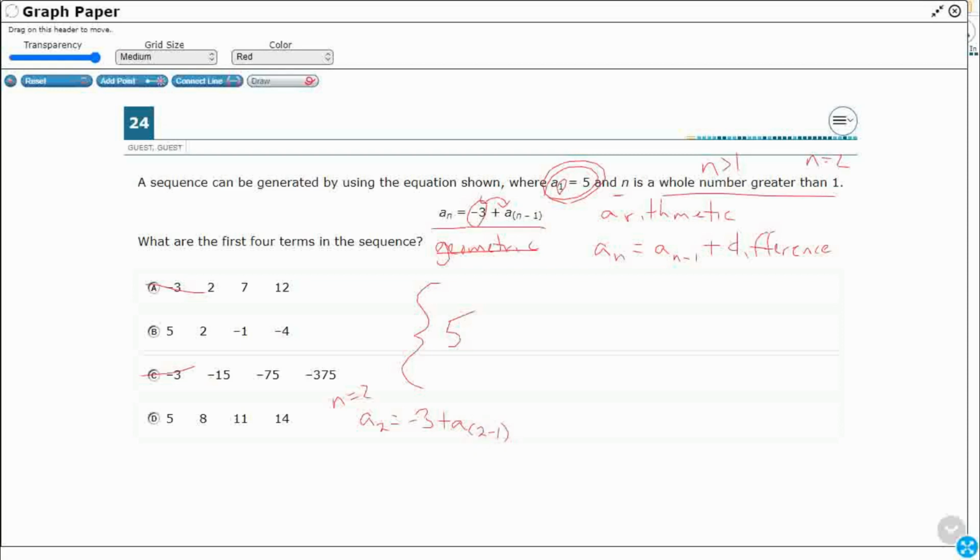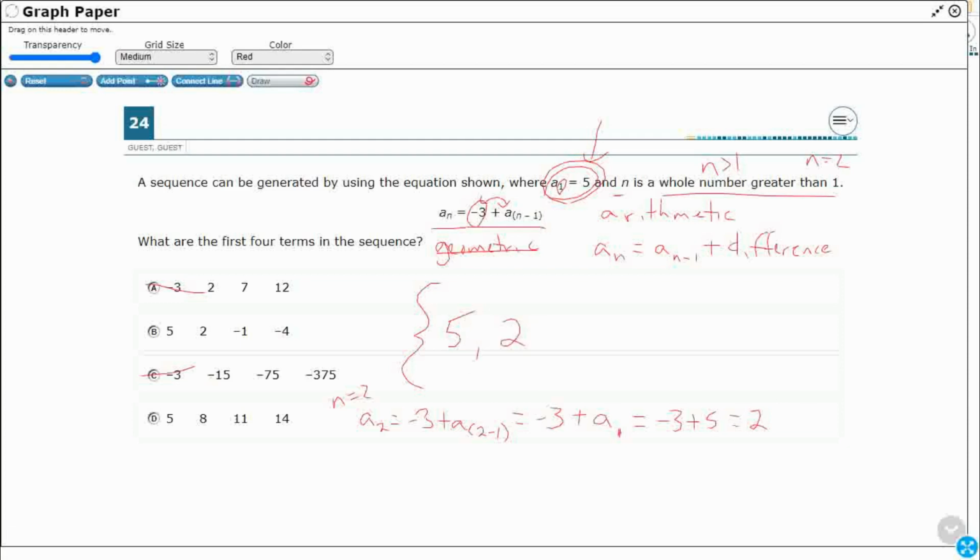Now we simply simplify. Negative 3 plus a_(2-1), and 2 minus 1 is just 1. Well, what is a_1? We just figured that out, right? They gave it to us as 5. So our first term is 5, so negative 3 plus 5. That's going to end up being positive 2. So it's just like we're subtracting 3, right?